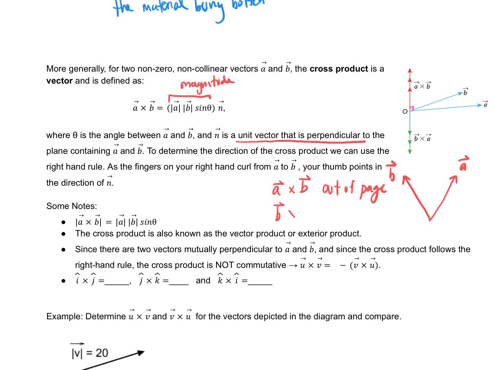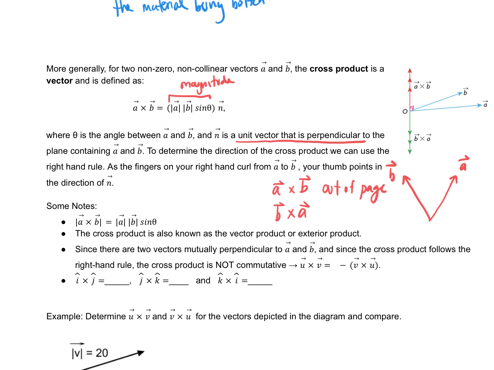But if you were to try the other way around, B cross A, if you again take your right hand, I have my thumb pointing up right now, and I place that open palmed hand at vector B, if I try to curl my arm to vector A, I would have to snap my fingers backwards to get to vector A. Not very natural.